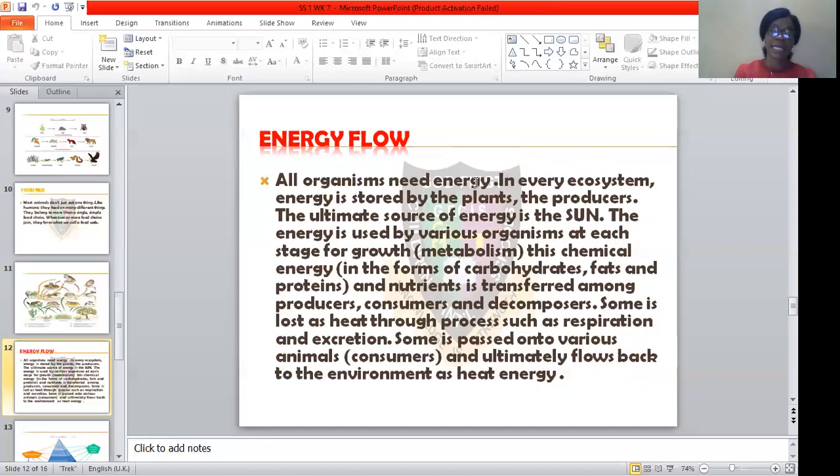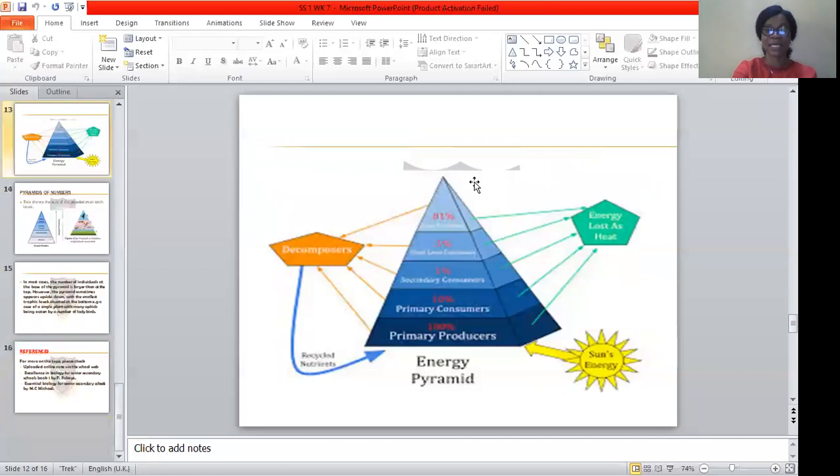That is, some of this heat energy is lost during respiration and excretion. Some is passed on to various animals, that is, the consumers, and ultimately flows back to the environment as heat energy. That is why most of the time when we walk under the sun, we feel heat, because the ultimate flow of energy has been transferred back to the environment as heat.